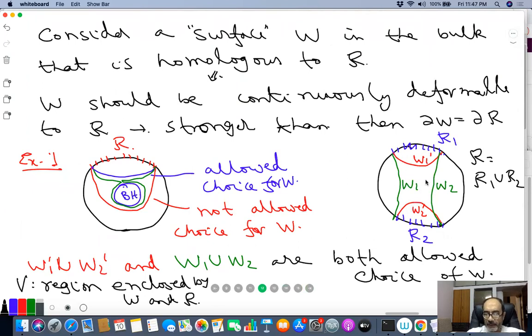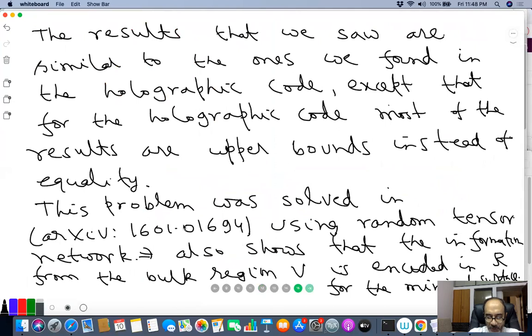The entanglement wedge hypothesis, which was discussed independently in the context of AdS/CFT, says that the region of the bulk bounded between the RT surface, which you get by extremization, and the boundary segment whose entanglement entropy we are trying to compute, can be encoded in R, which in this case means R1 union R2. This result also automatically comes out from this analysis.